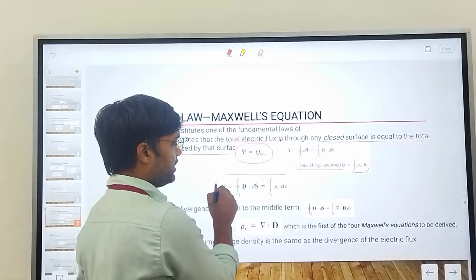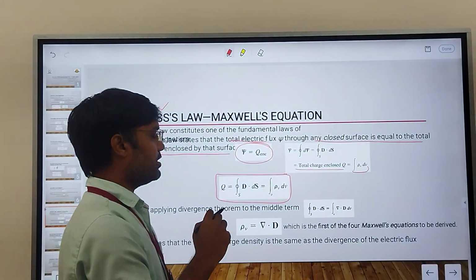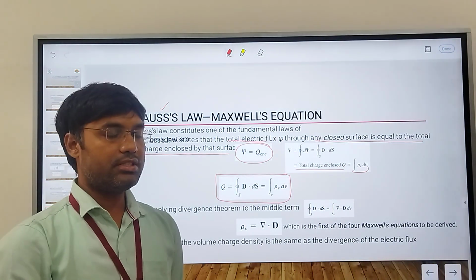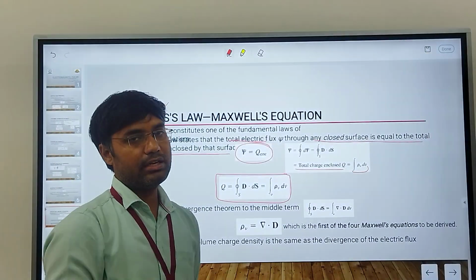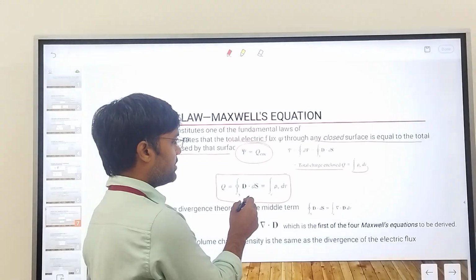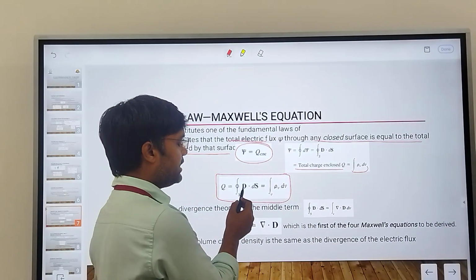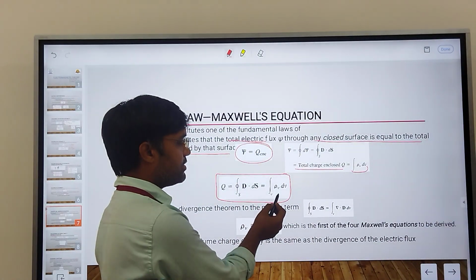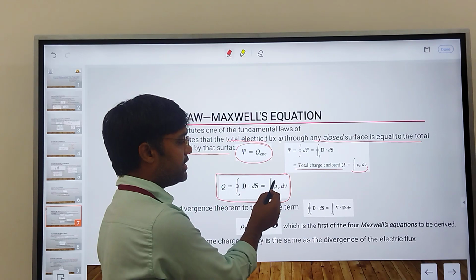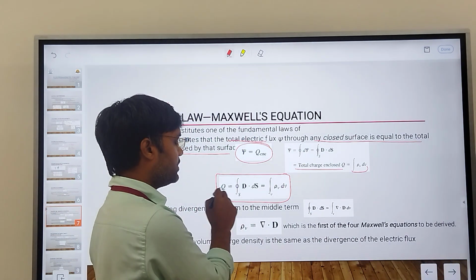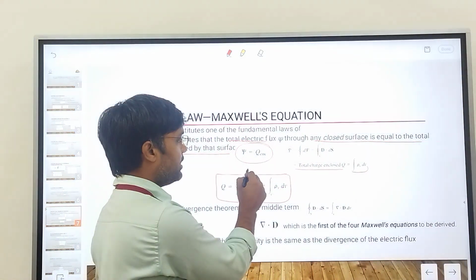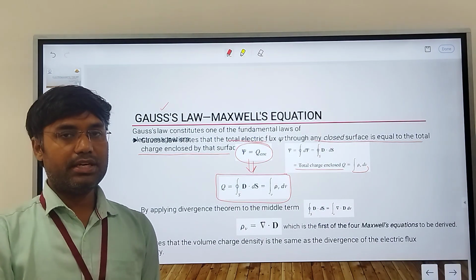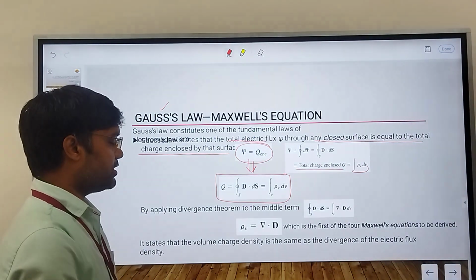So mathematically, the total flux passing through a closed surface is equal to the total charge enclosed by that surface. This is the surface integral of D dot ds, the electric flux density, and this is the total volume charge. So this is the statement in these two terms, volume charge density and surface electric flux density.